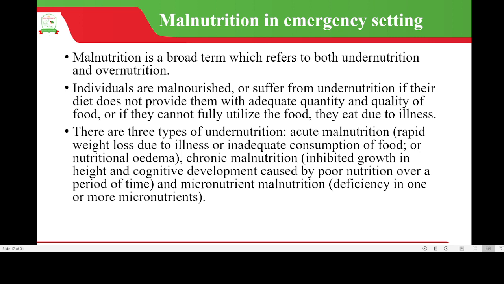That is acute malnutrition, where there is rapid loss due to illness or inadequate consumption of food, or nutritional edema. Then we have chronic malnutrition. This is manifested by inhibited growth in height and cognitive development, which is caused by poor nutrition over a period of time. And then micronutrient malnutrition, resulting from a deficiency in one or more micronutrients. And this is usually referred to as hidden hunger.